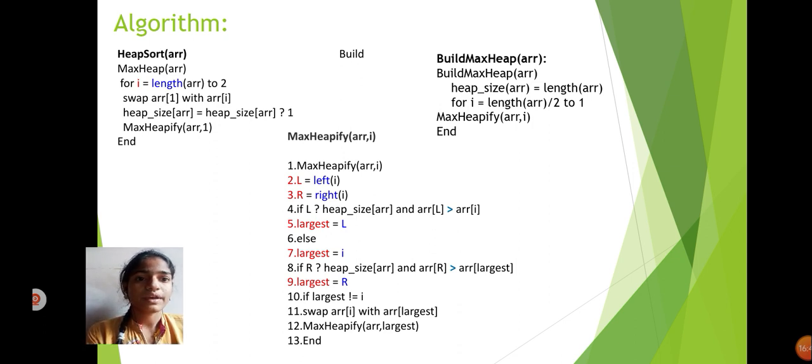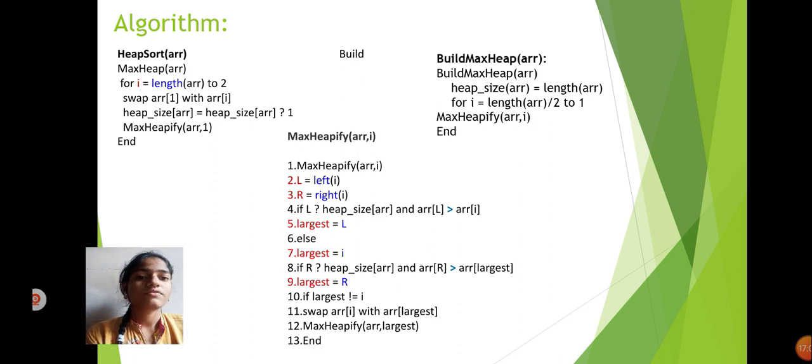Here max heapify takes the array and index i. L is equals to left of i, R is equals to right of i. If L is less than heap size of array and array of L is greater than array of i, then largest is equals to L, else largest is equals to i. If R is less than heap size of array and array of R is greater than array of largest, then largest is equals to R, assigning it.